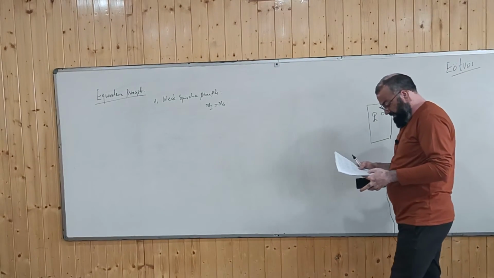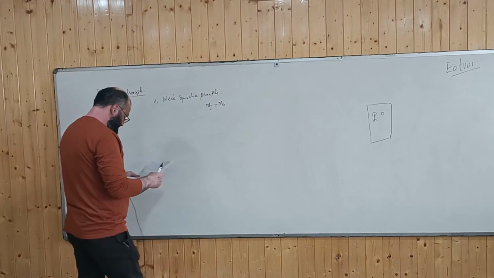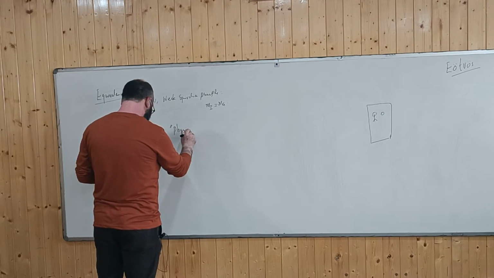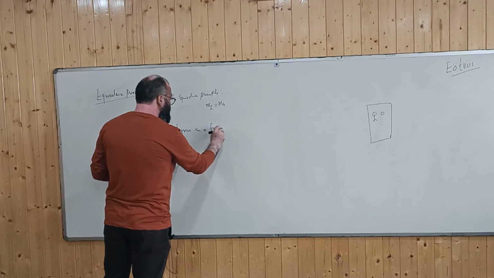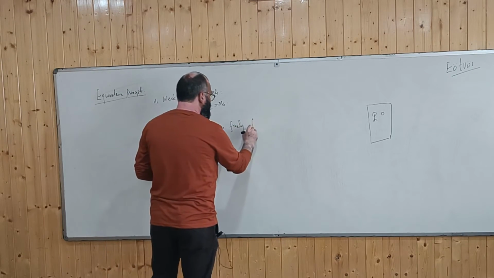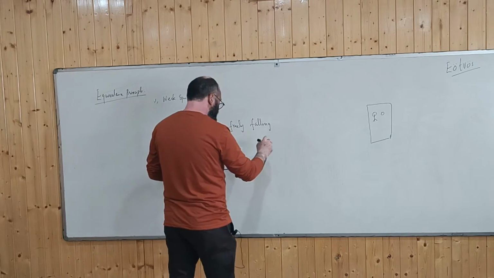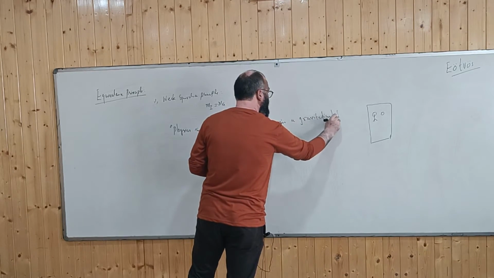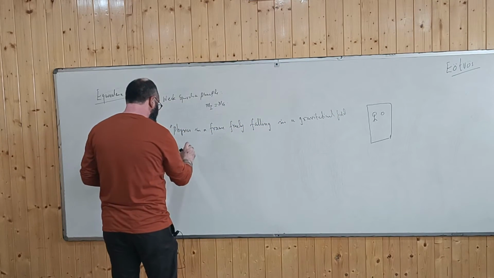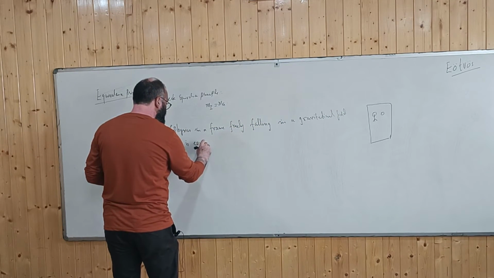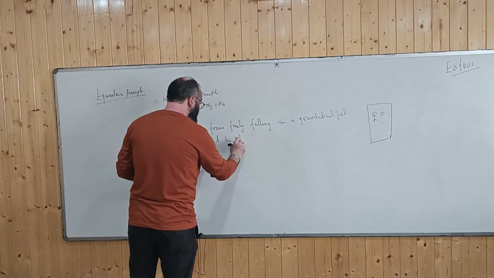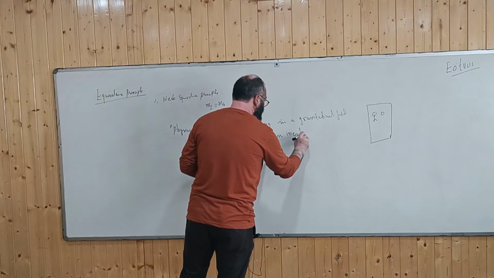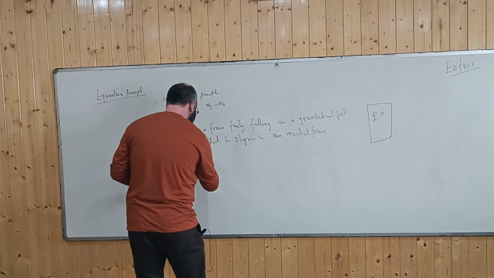So let me write the statement. Physics in a frame freely falling in a gravitational field is equivalent to physics in an inertial frame of Earth.